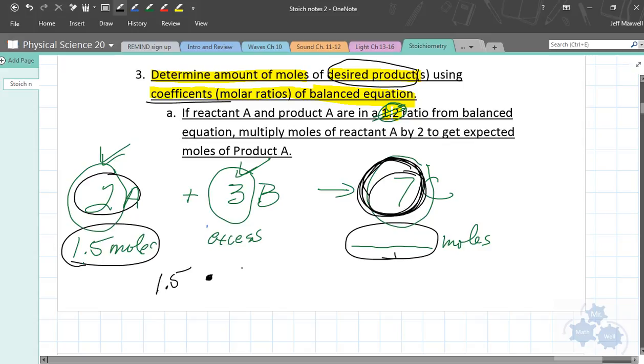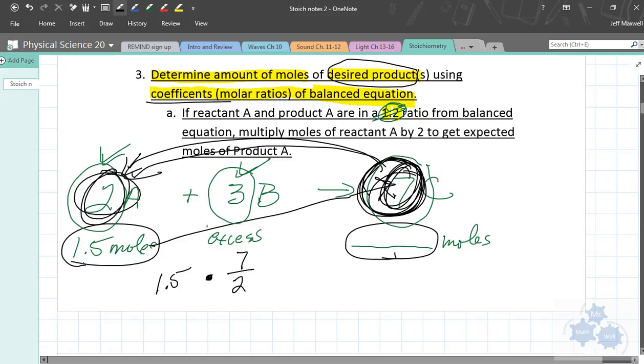I'm going to this number, so I write it on top. I'm coming from this one, so I write it on the bottom. That's just an easy way, and it works every time.